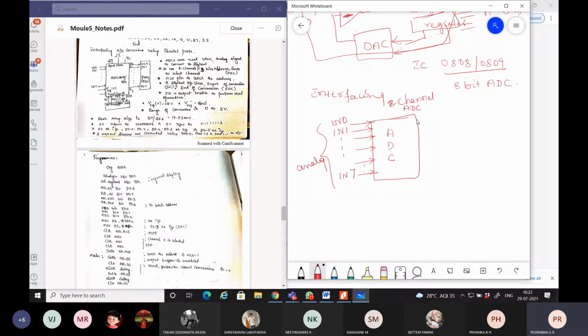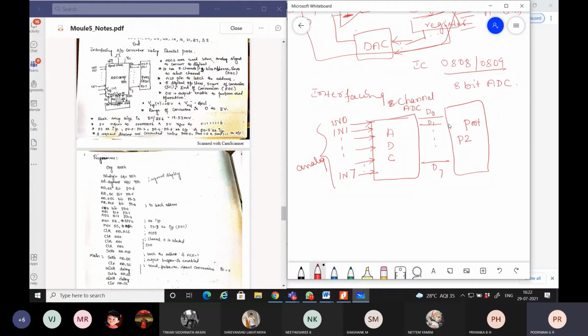And the output, as we know, is a digital output of 8 bits, D0, D1, up to D7. They are all given to a port of the 8051. You can consider port 0, port 1, port 2 or port 3, but preferably we'll go for port 2 or port 1.